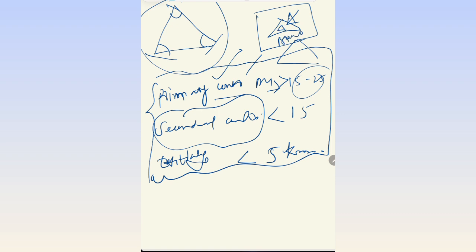Then we have tertiary, which is the subset of the secondary one. So it should be clear to you now what surveying actually is, what the differences are between plane surveying and geodetic surveying, and for what type of projects we should use plane survey and for what type of projects we should use geodetic survey.